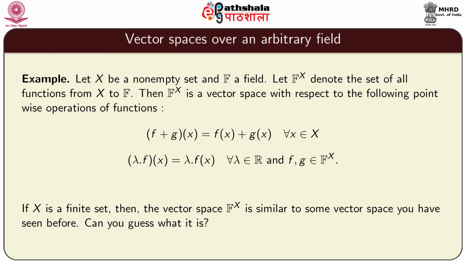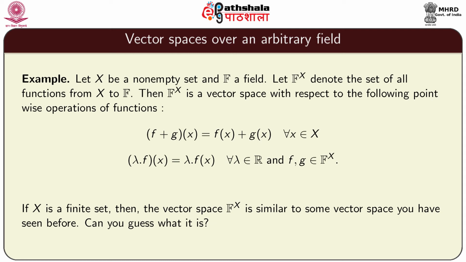Now, here we have something interesting for you. If X is a finite set, for example, suppose that X is the first n integers, say 1 to n, then the vector space F to the power X is similar to some vector space you have already seen. So, can you guess what it is?